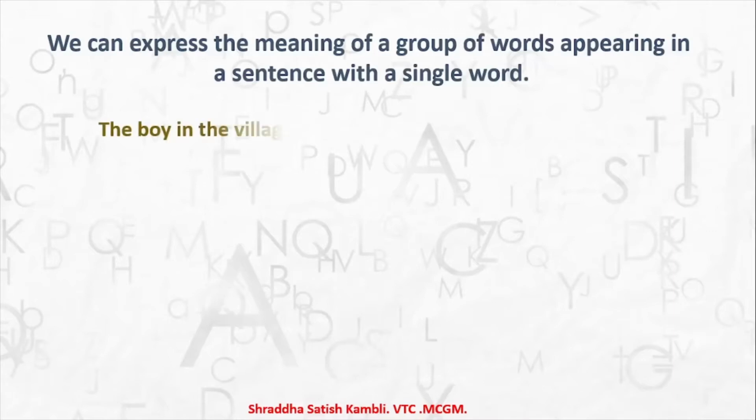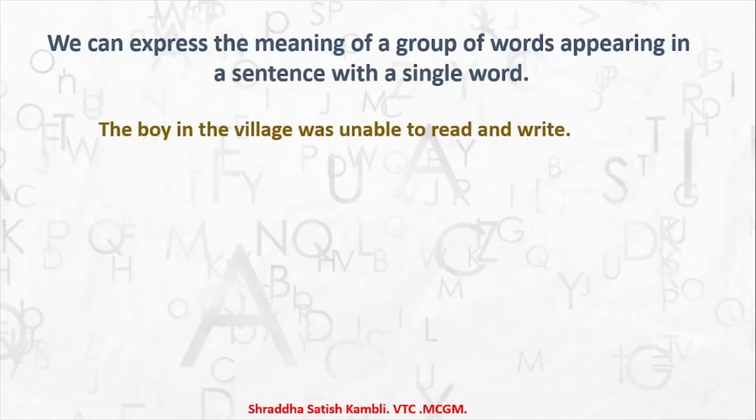Let us take example 1 here. The boy in the village was unable to read and write. Now this is a simple sentence which is talking about the capacity of a boy in a village, and we are also saying that he is not able to read and write.